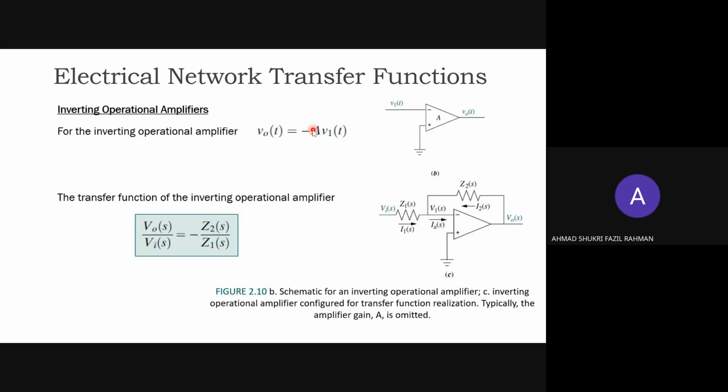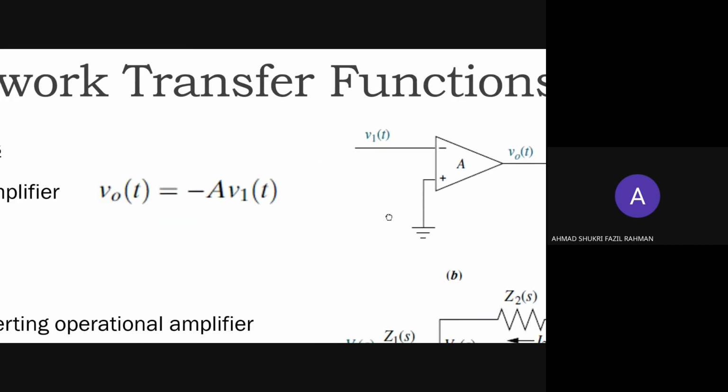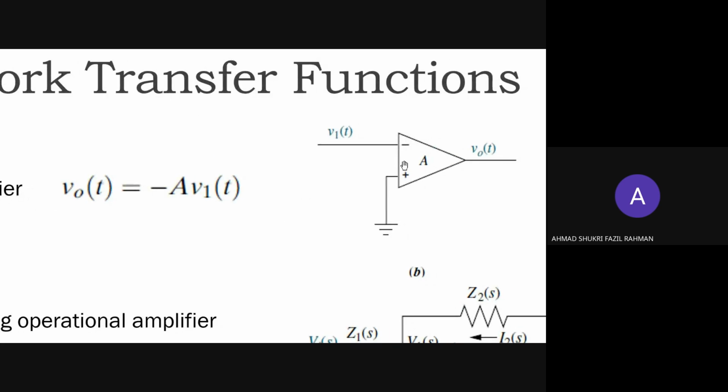So we look at some of the configurations that we can use to obtain a transfer function. The first one would be inverting mode. This happens when the input is connected to the negative side of this op-amp. So the output would be negative A multiplied by V1 in time domain.